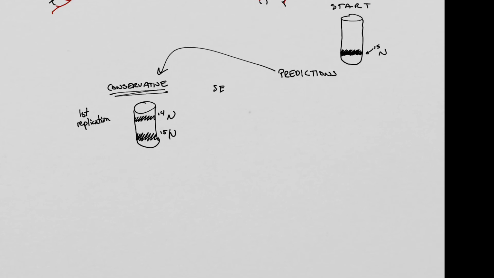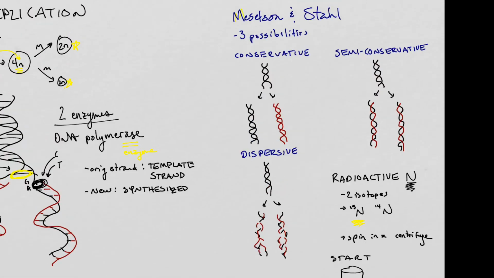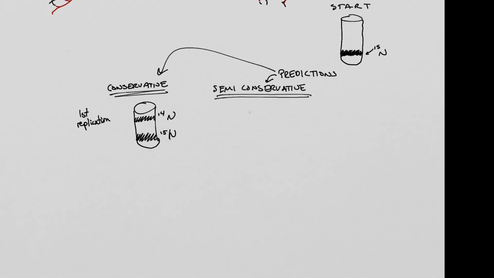So how does this work with semi-conservative replication? So let's look up at our semi-conservative replication here. Each DNA strand is half new, half old. So after one replication, all DNA is going to be half nitrogen 14 and half nitrogen 15.